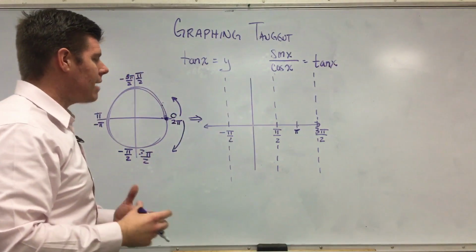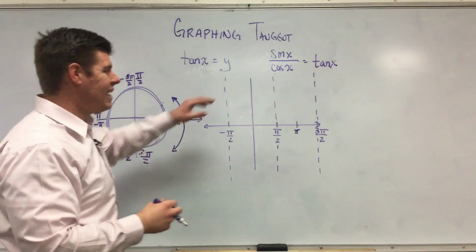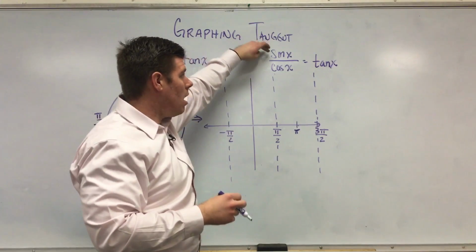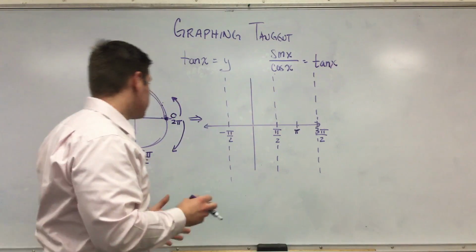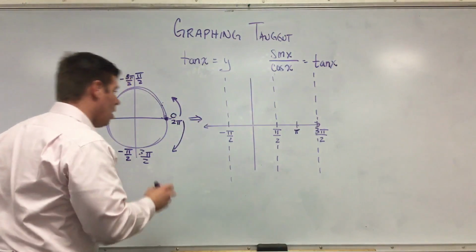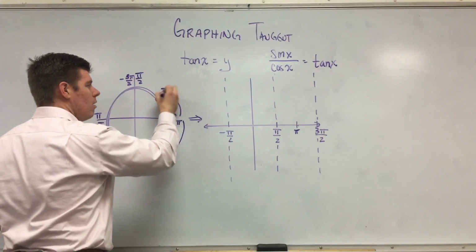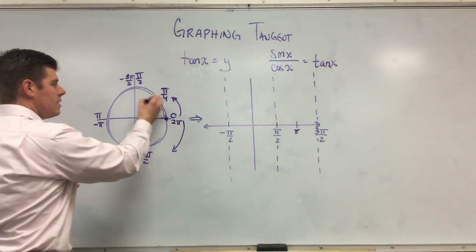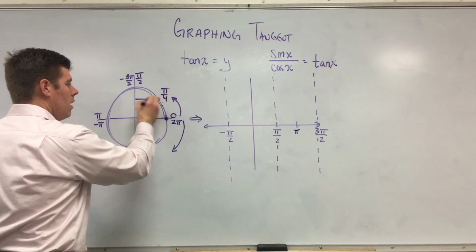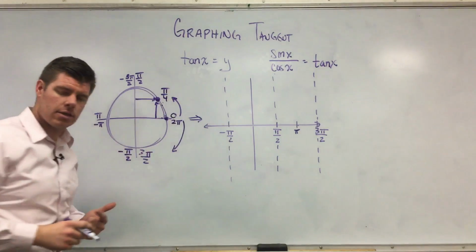And what we have to observe is, is there any time when the displacement of sine and cosine are equivalent? It just so happens that, yes, there is. Some important values are pi over 4. At pi over 4, the displacement from the y-axis and the displacement from the x-axis are identical.